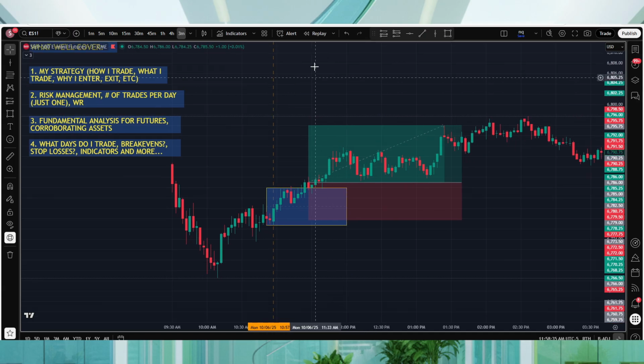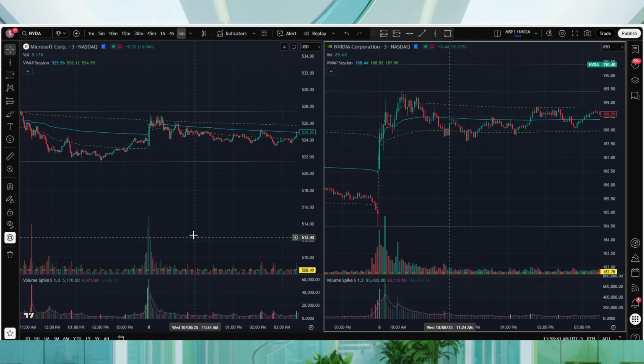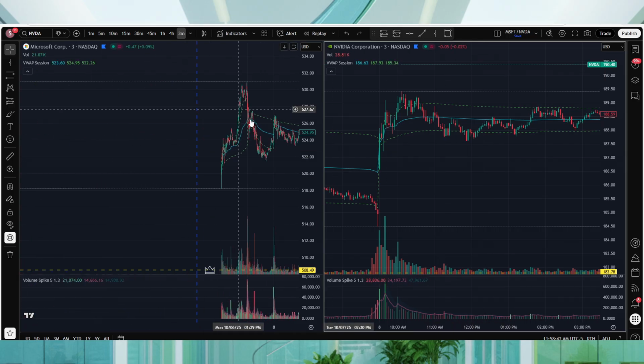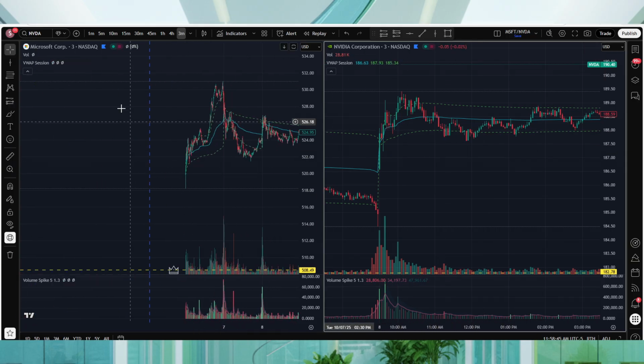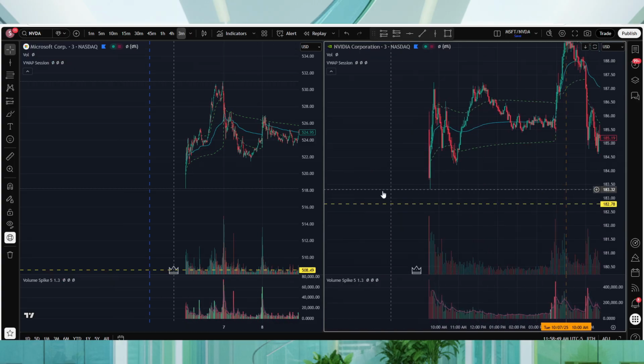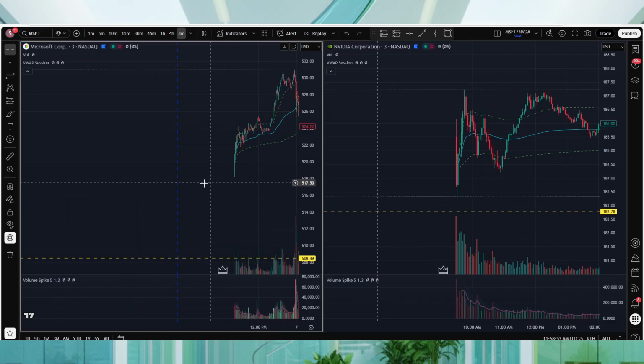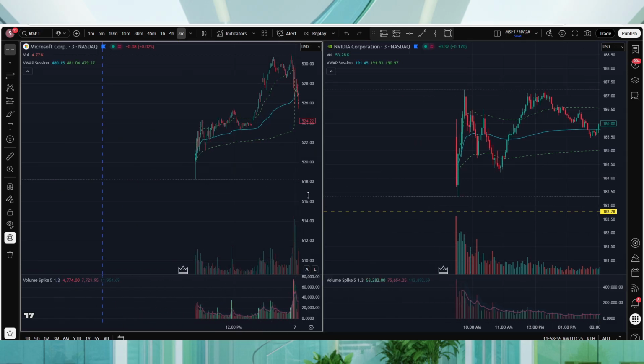Okay. So what I'm using in terms of corroborating assets, or an asset to give me an idea on what to trade, is Microsoft and Nvidia. And why do I use Microsoft and Nvidia? Well, I use Microsoft and Nvidia for NASDAQ, and I found this translates well for ES. And why do I use it for NASDAQ?